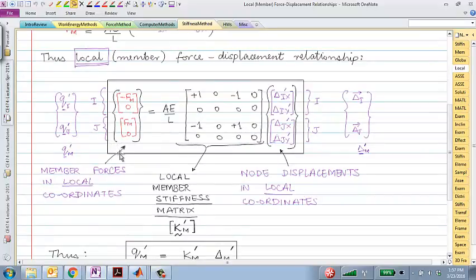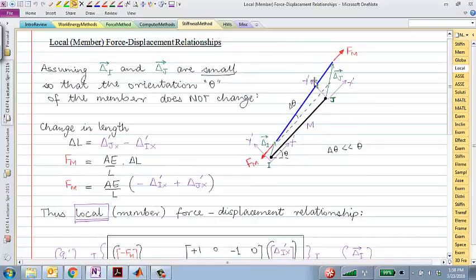So keep in mind, no matter what truss element you have, no matter which orientation that truss member has, the local force displacement relationship will always be given by this. Why? Because this is the force displacement relationship in the local coordinate system. The local coordinate system follows that truss element. So if the truss element is horizontal, the x prime and y prime coordinates are aligned along the truss member.